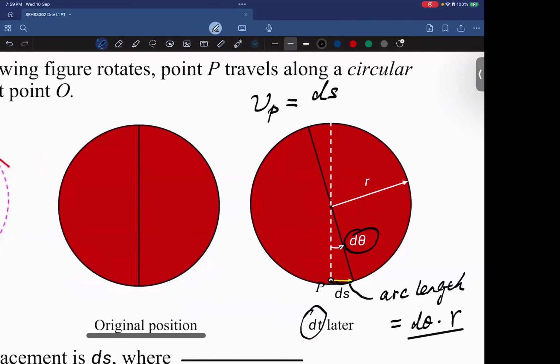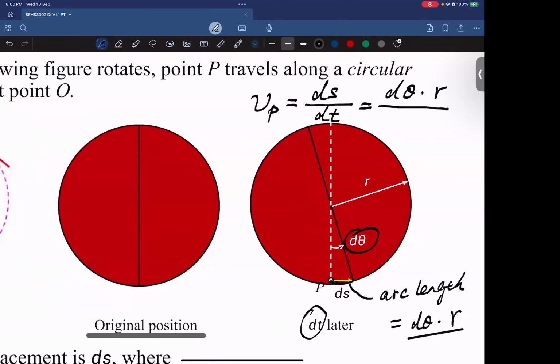This very small segment is the same as the arc length as the thickness is very small. Therefore, the velocity of P is ds over dt. ds is d theta times r.